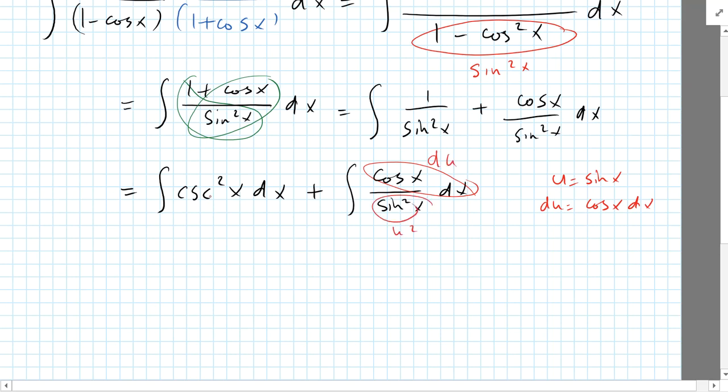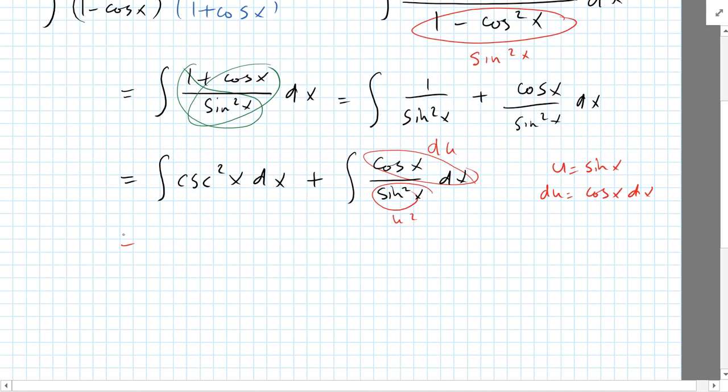For this one, we know from, remember when we did derivatives? The derivative of, and remember, it's cosecant, cotangent. So the derivative of cotangent is cosecant squared, but they're negative. Since there's no negative here, I know this has to be negative cotangent.